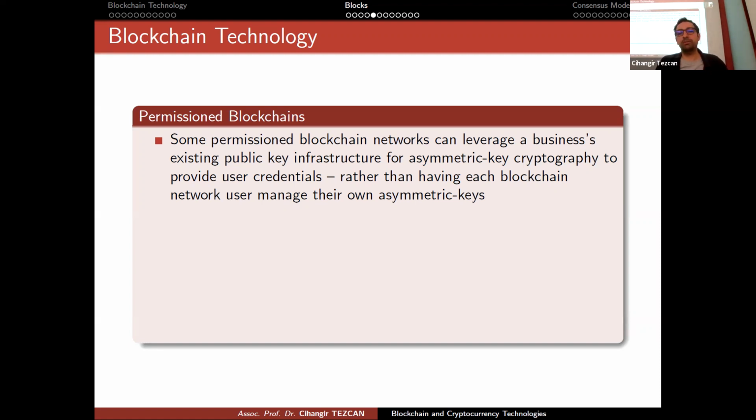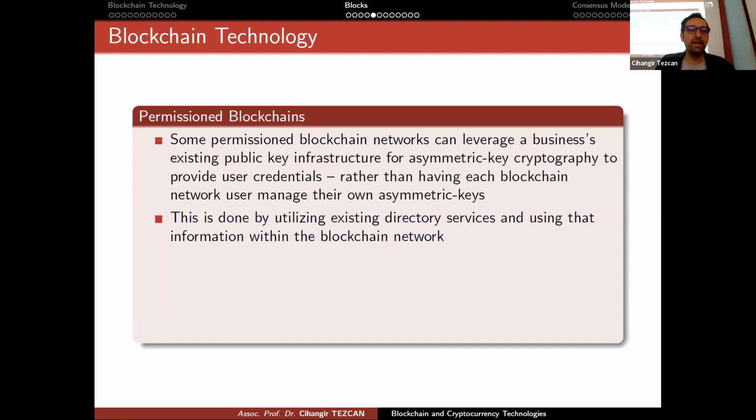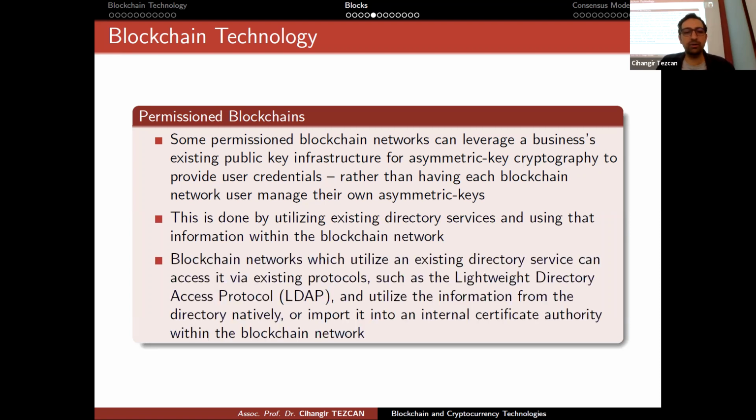But in your company, for instance, if everybody already has a public key, then you can continue using that infrastructure. So you don't need to create new public or private keys for the users. This is done by utilizing existing directory services and using that information within the blockchain network.